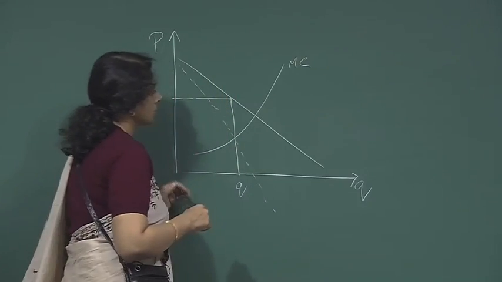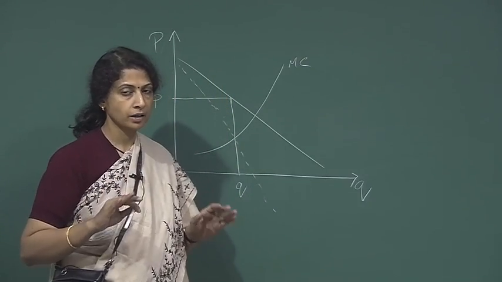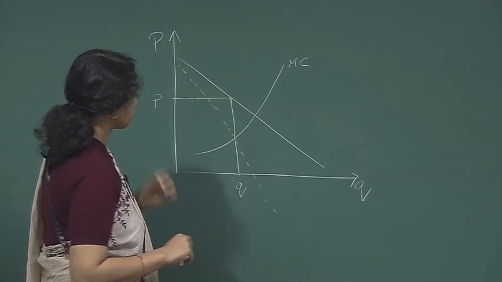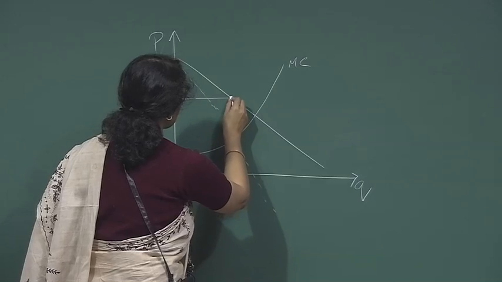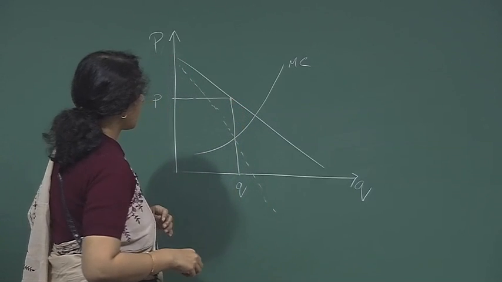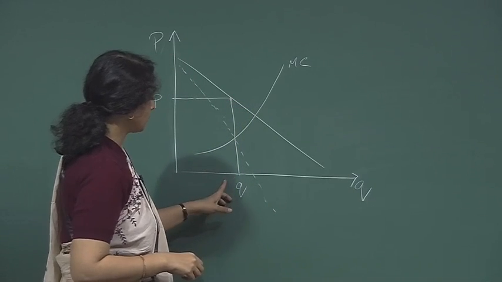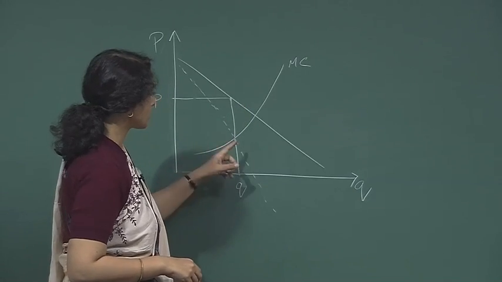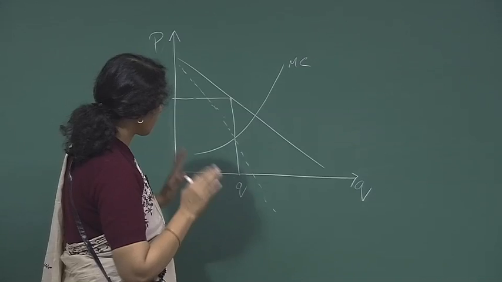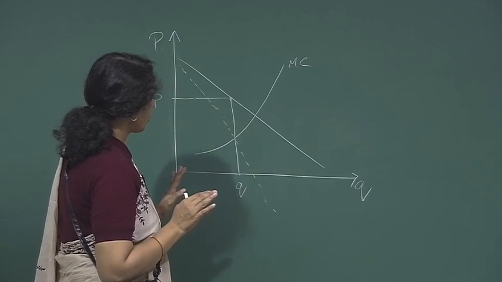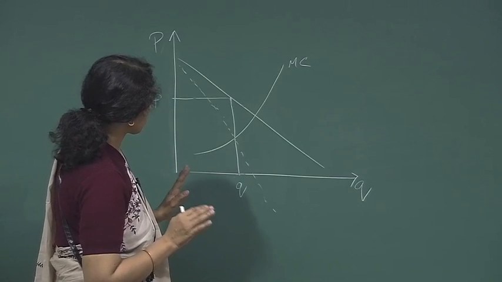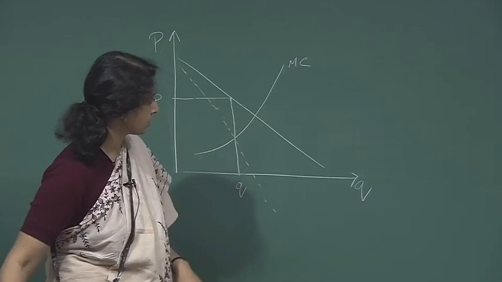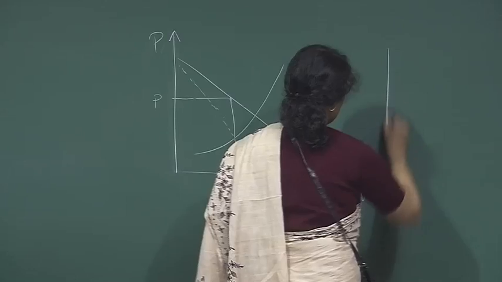Now, the prevailing price in the market is, say, P. Now, what happens if the firm decides to reduce the P? Let me draw it here.